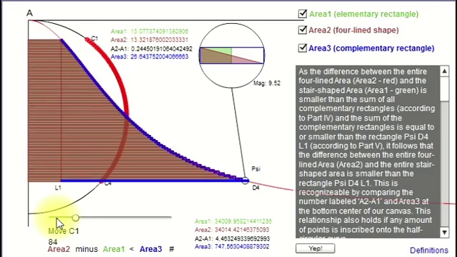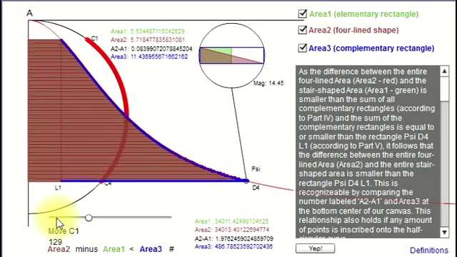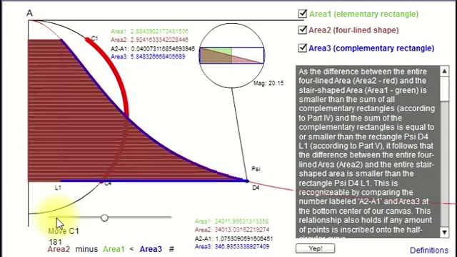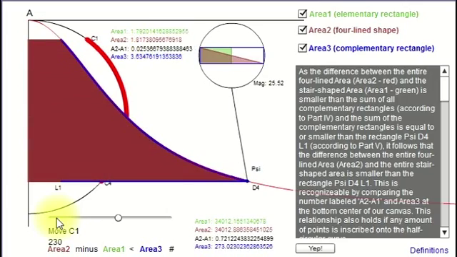complementary rectangles, and we make these complementary rectangles very small. Now it would be very tempting to think that these rectangles vanish into points when it comes to the realm of infinity. And this little example is clearly showing that this is not the case.